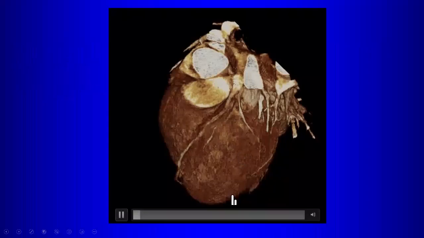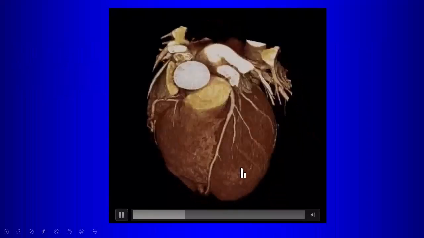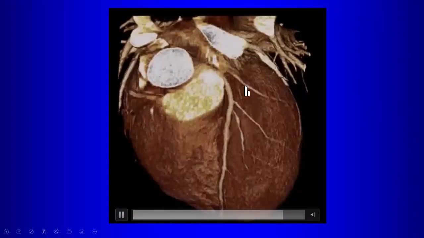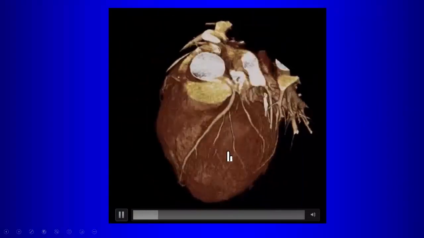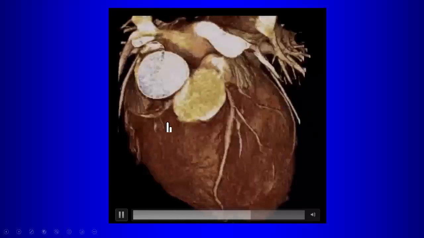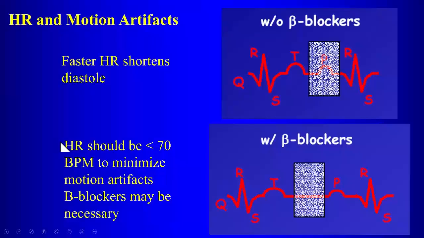But anyway, here's a volume rendered view. You can see how the heart is moving there in systole. But remember, we're reconstructing in diastole, right? And in diastole, the only thing that might move is the atrium, because of atrial contraction. So as the heart rate gets faster, diastole gets shorter, and then the P wave creeps into your reconstruction window.